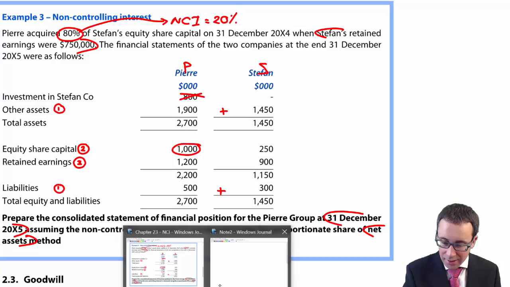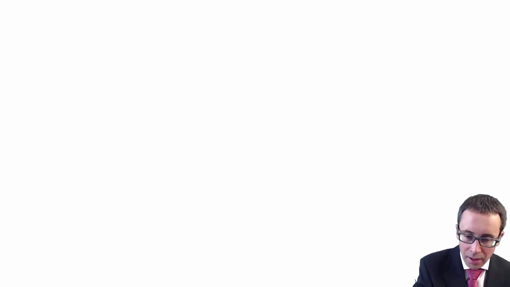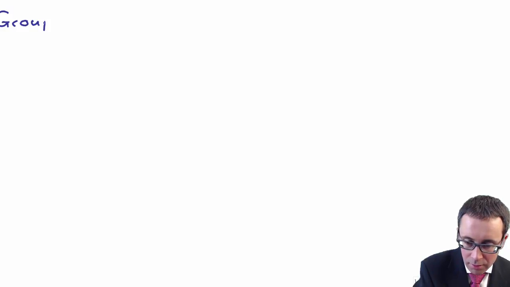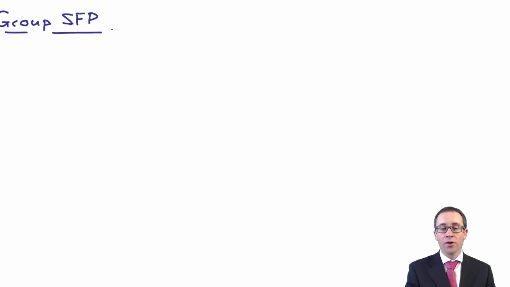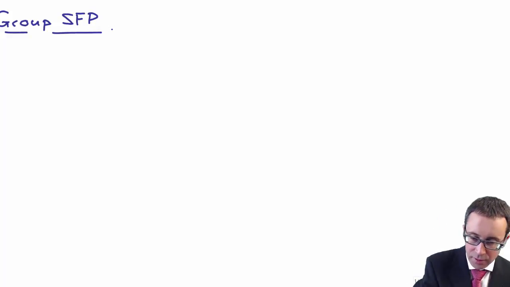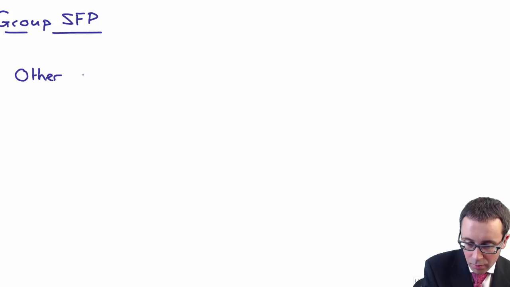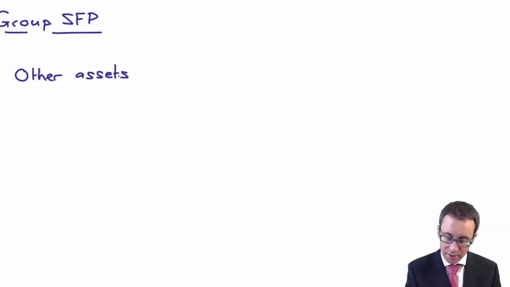So what I can do is I need a bit more space on this one, so I'll open up a separate page of paper. I'm going to head it up with our group statement of financial position. Okay. And on the group statement of financial position, we've got our other assets.